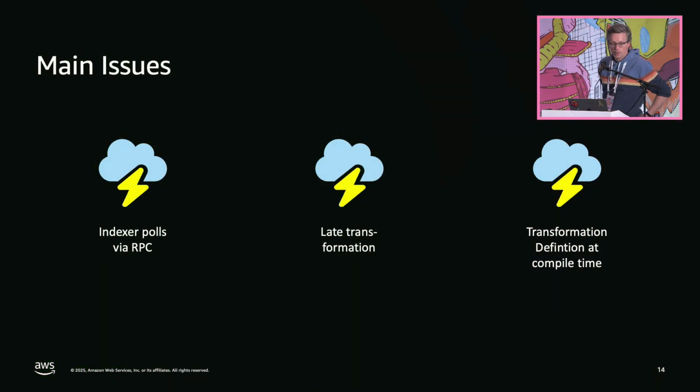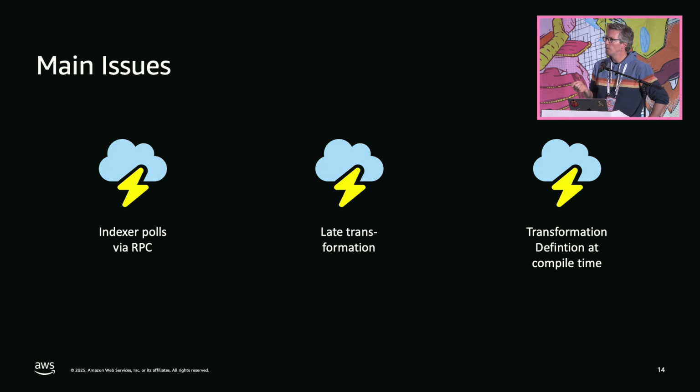So what are the current problems with our existing solutions? One, of course, I've hinted at that. The indexer currently polls our blockchain via RPC. So it continuously calls the RPC for new blocks, for new transactions, new events, and so on, which makes it really, really slow, to be honest.